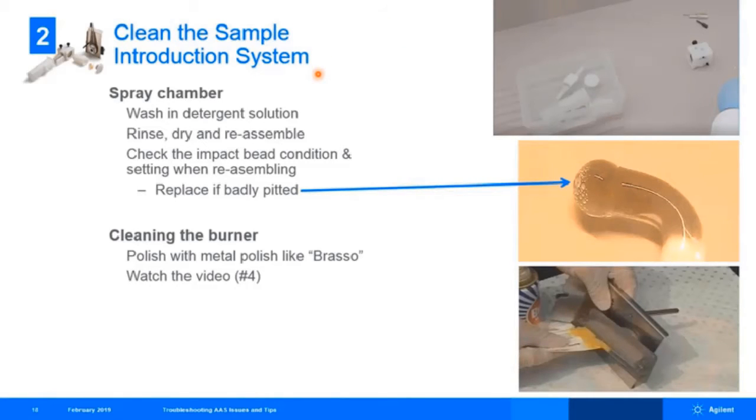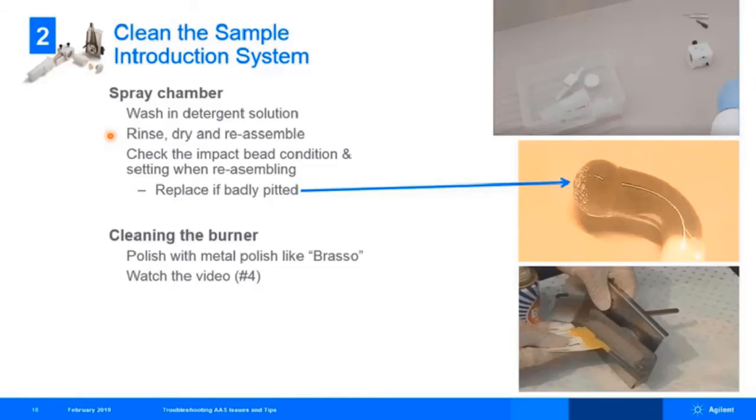Here are some guidelines that can help you with cleaning the sample introduction system when it's required. The spray chamber and burner system is fairly straightforward from a cleaning perspective. So really what we want to do is disassemble all the different components, place them in a detergent solution, and then give them a good soak, and if necessary, use a cleaning brush to help remove any residue that's built up on those components.